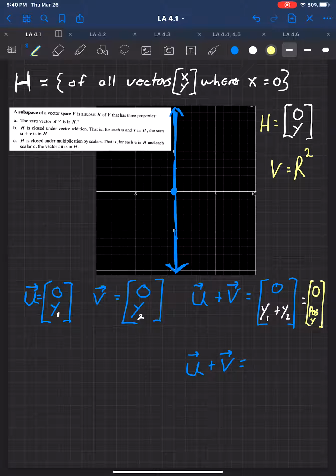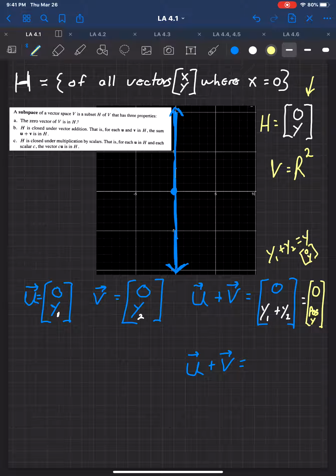And you could still graph that; that is still on that blue region. Now, a much better way of thinking about this is to redefine y sub 1 plus y sub 2 as being y. If that's the case, then we would have the vector 0, y, which is exactly what we said H should be.